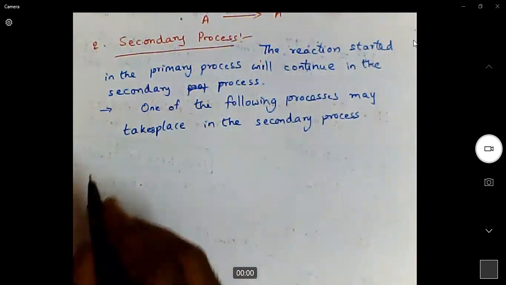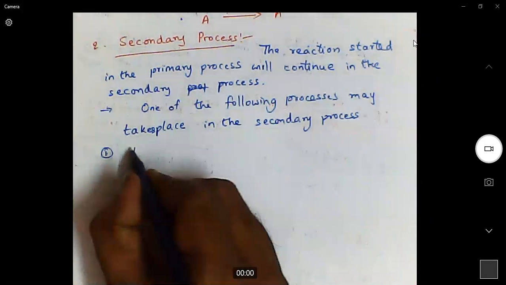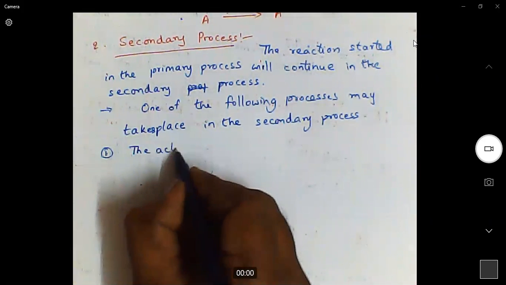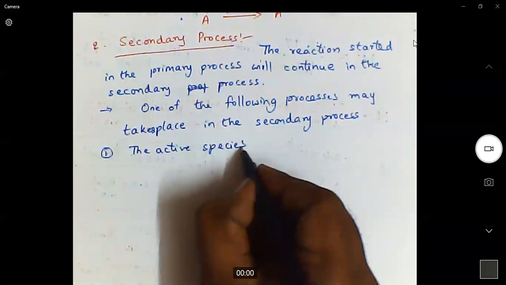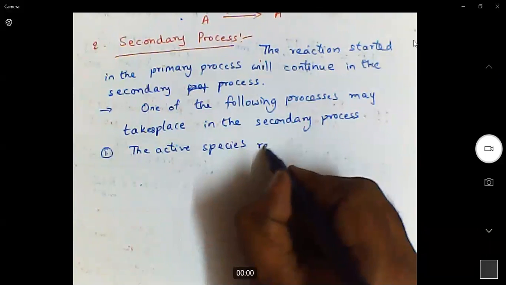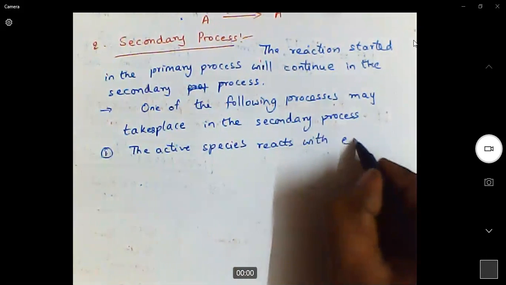What will happen in the primary process? Active species has been generated. So the active species reacts with each other.